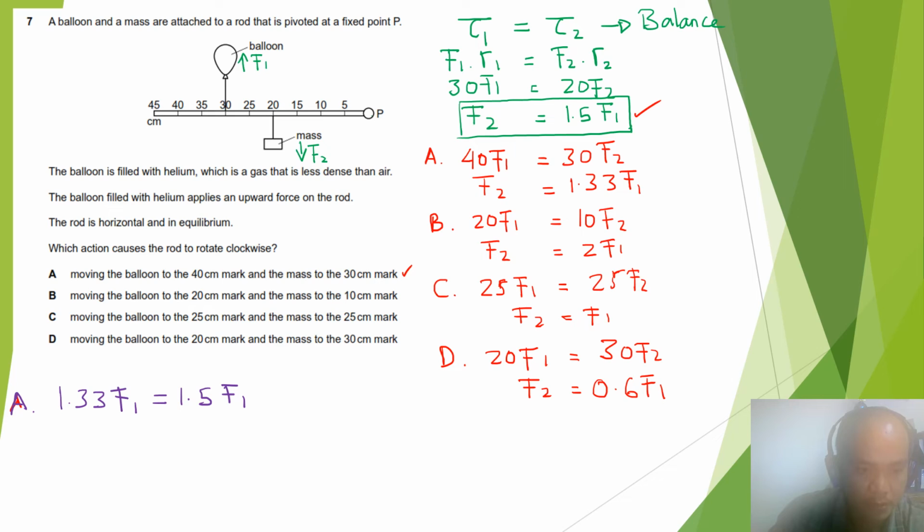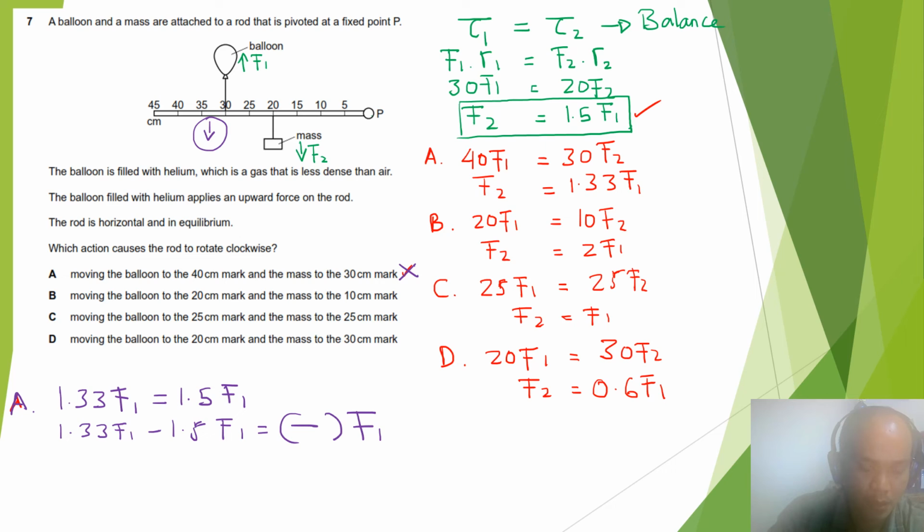If we subtract, 1.33 F1 minus 1.5 F1, we get minus F1. Minus means that it is opposite to F1, so it means that it is going down. So of course A is not the answer.